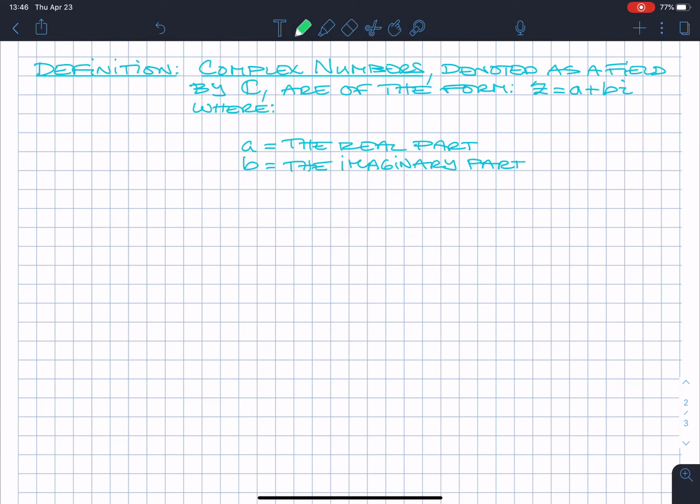Okay, so let's note. Z equal to A plus BI is standard form. Standard form for all numbers Z in the complex numbers.